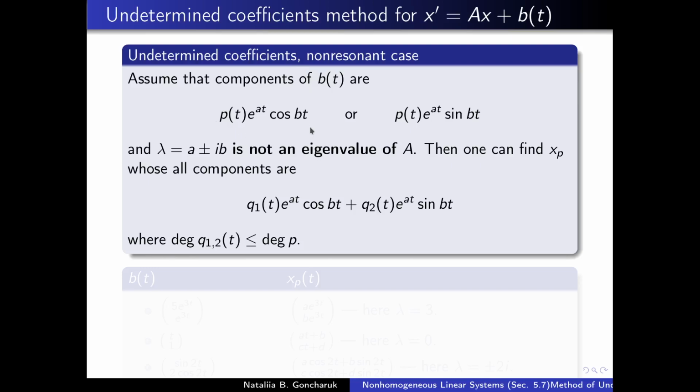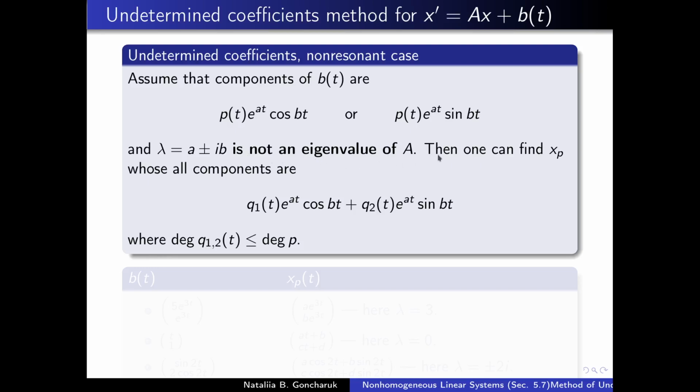Suppose that all components of the vector b are expressions like that, with one and the same a and b for all components, and possibly different p. And suppose that this a plus ib is not an eigenvalue of A. This is called the non-resonant case, similar to higher order equations.